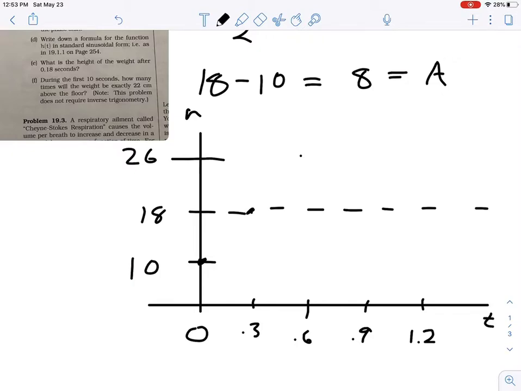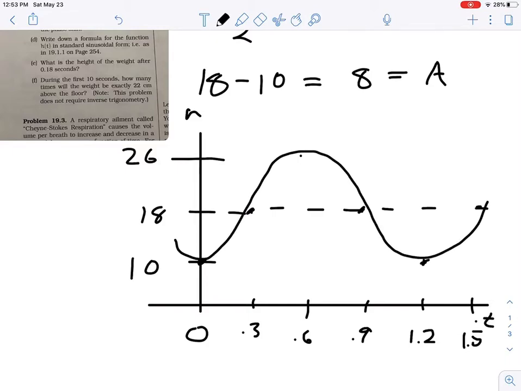So I go from the bottom to the midline, to the top, to the midline, down to the bottom. I could go back to the midline. That would give me one sinusoidal curve. This is going to give me a cosine curve right here. So that'll be at 1.5. Taking a look at this curve, it's going to look like this.